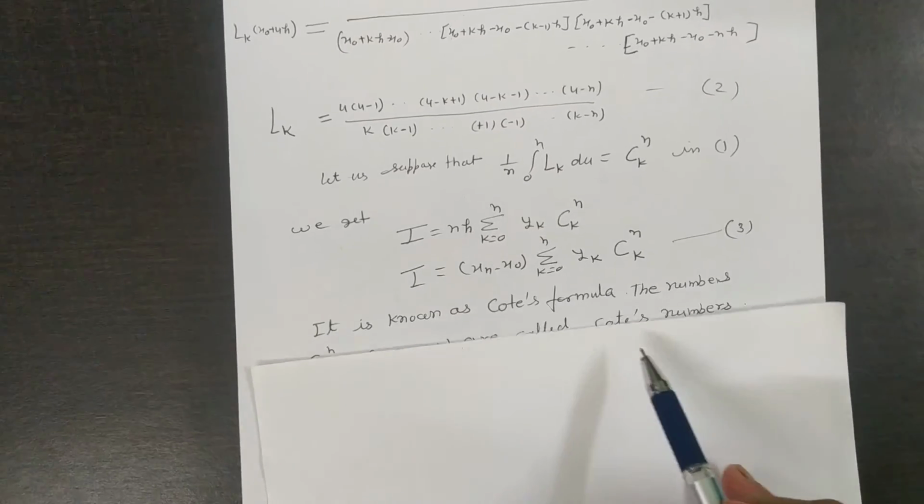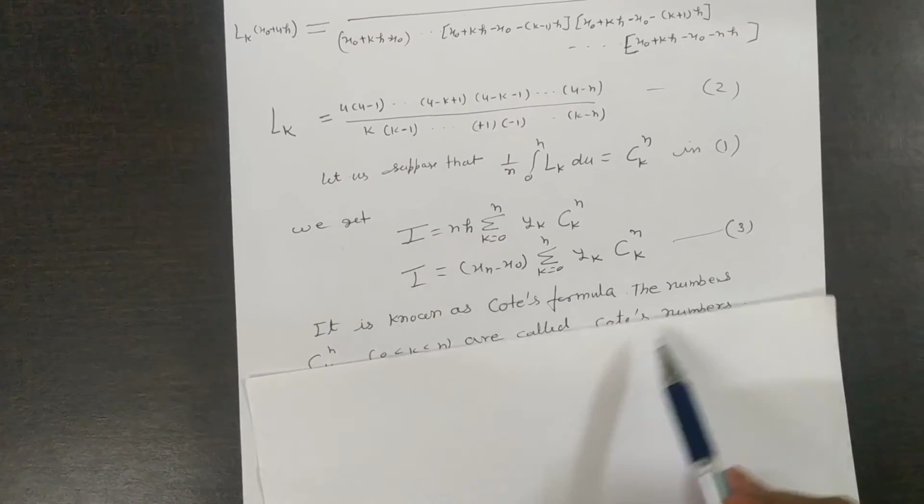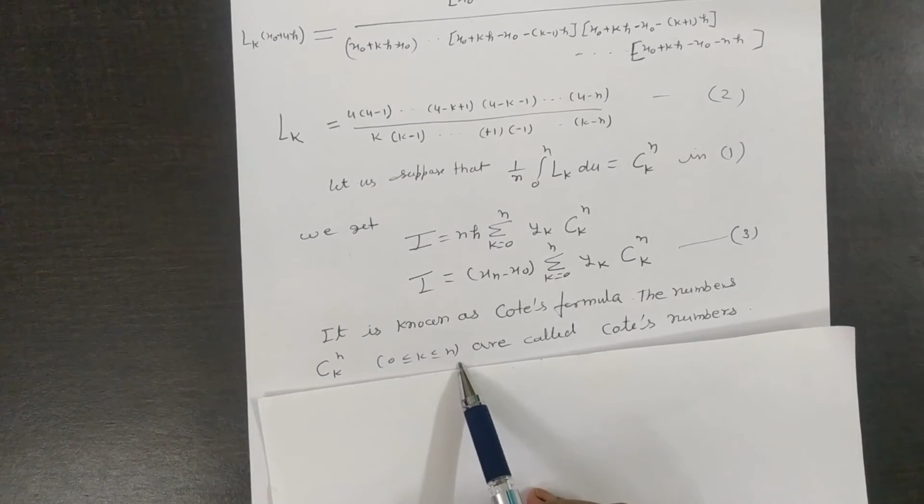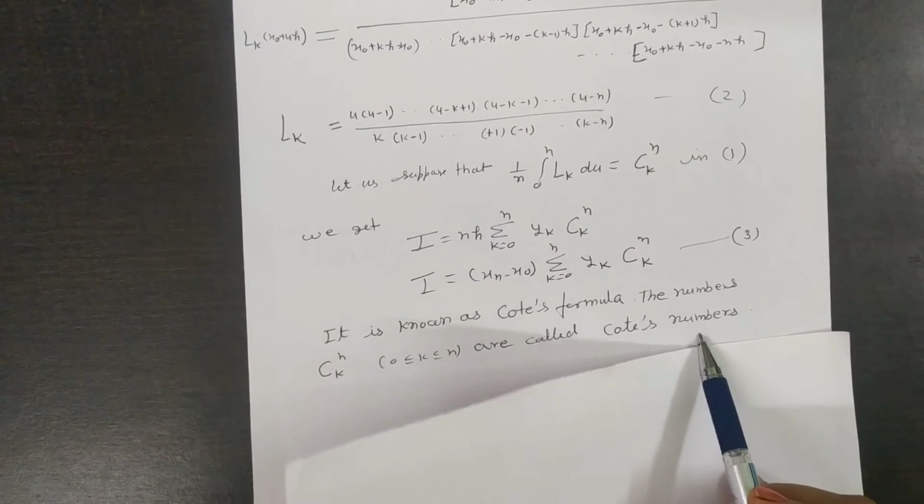It is known as the Cotes formula, and the numbers Ckn for 0 ≤ k ≤ n are called Cotes numbers.